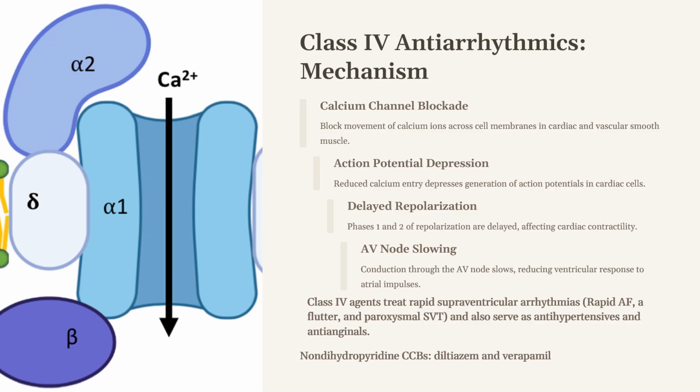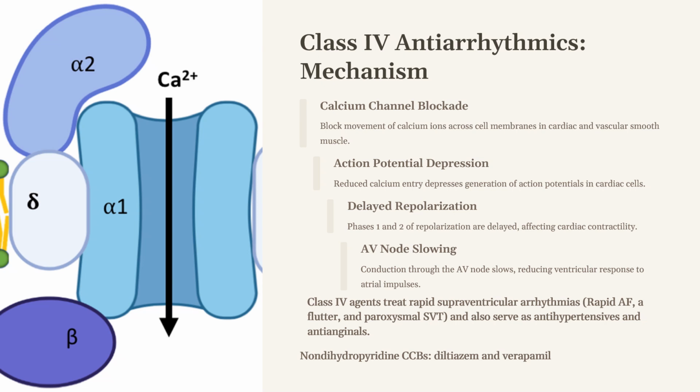These should not be used in patients who have heart failure, because their heart already isn't functioning the way that it's supposed to, so I don't need to slow it down or make it work less.